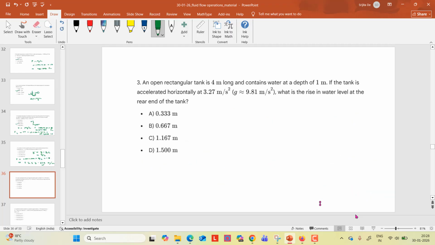Next, an open rectangular tank is 4 meter long and contains water at a depth of 1 meter.